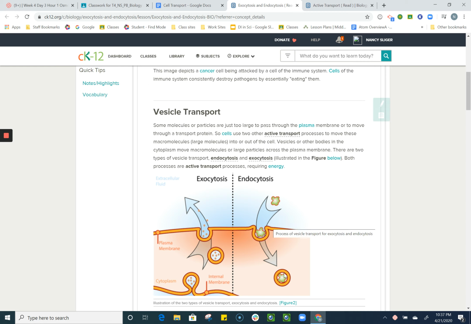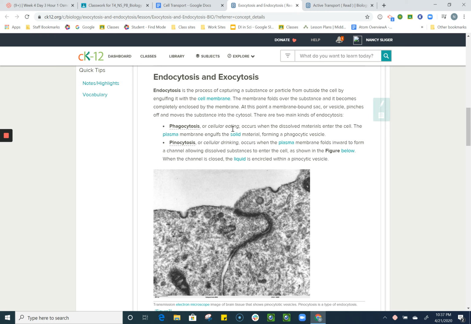If it was a liquid, it would be pinocytosis. So phagocytosis, cellular eating, engulfs solids. Pinocytosis is referred to as cellular drinking. The plasma membrane folds inward to form a channel allowing dissolved substances to enter the cell, such as fluids.